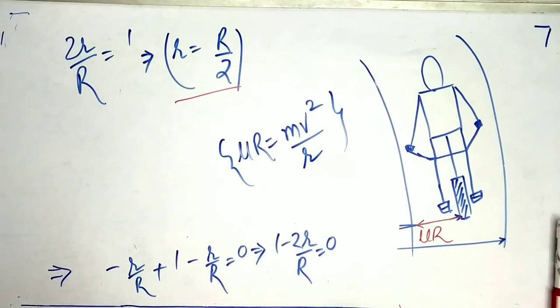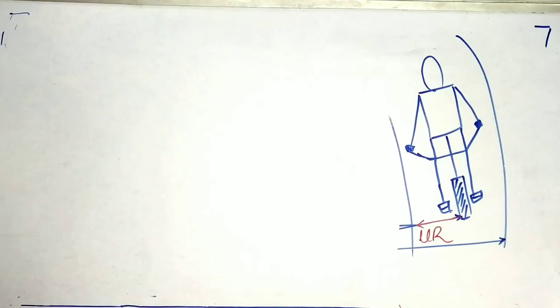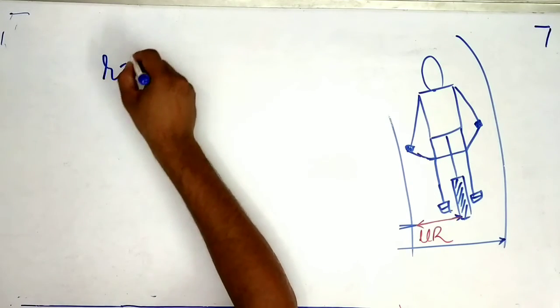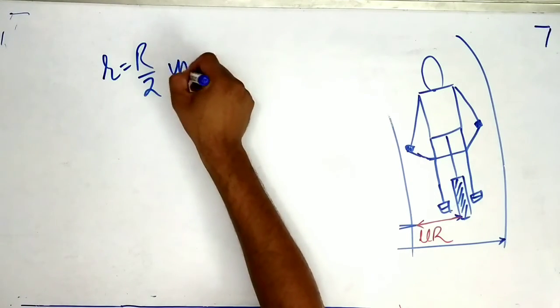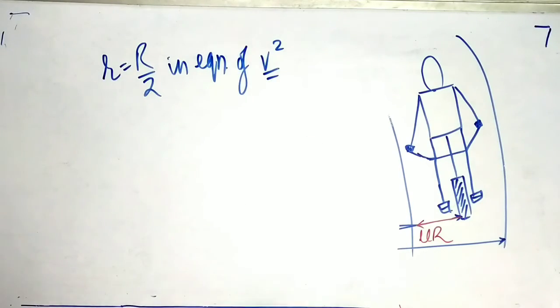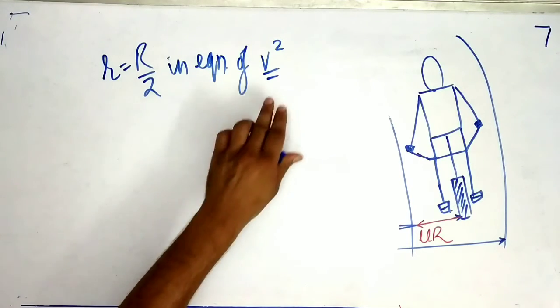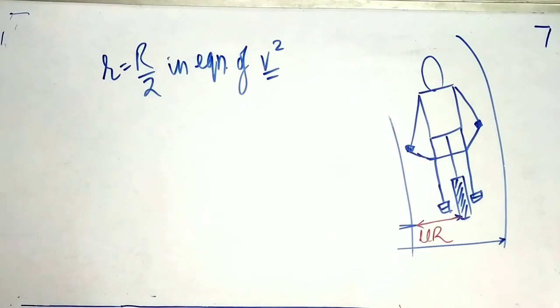Also we used a little concept about differentiation, maxima and minima, and we created equations and solved it. If you want to find the maximum velocity, you simply put r equal to R by 2 in the equation of v square that we got. We put r equals R by 2 in that equation, we'll get the value of v. So it's not that big of an issue.